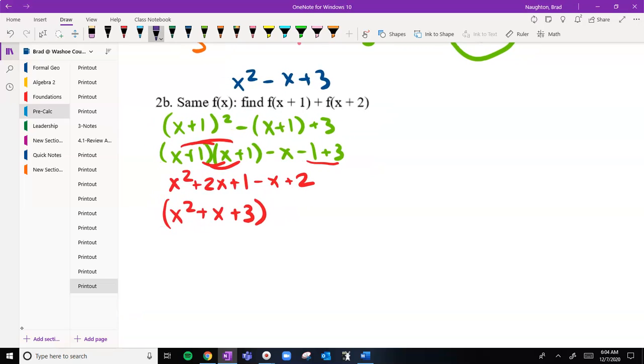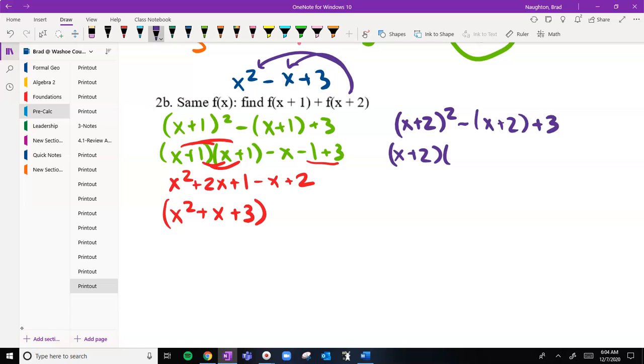Alright, so now I'm going to plug in this x plus 2 here and here. And then we're going to add all of our like terms together at the end. So I'm going to get x plus 2 squared minus an x plus 2 plus 3. So we're going to get x plus 2 times x plus 2. Notice every time I have a parentheses squared, I'm writing the parentheses twice.